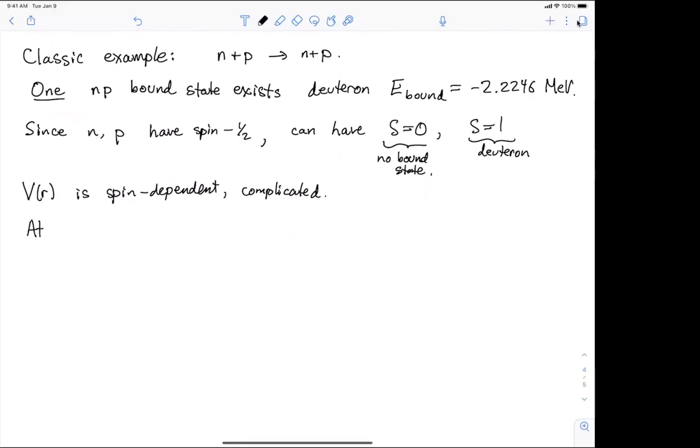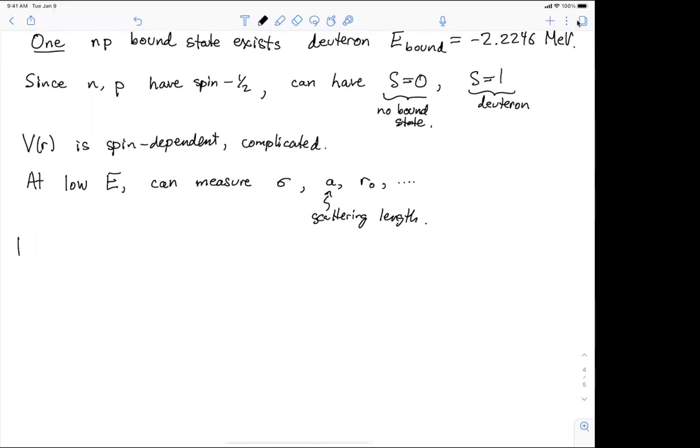So now you could say, okay, what's happening at low energies? At low energies, people have done lots of measurements of this potential. And so you can measure the cross-section and the scattering length and the effective range, and the other parameters that occur in that. So this is the scattering length. Now I can just tell you what the data looks like. The scattering length in the spin 1 channel turns out to be 5.42 fermis.